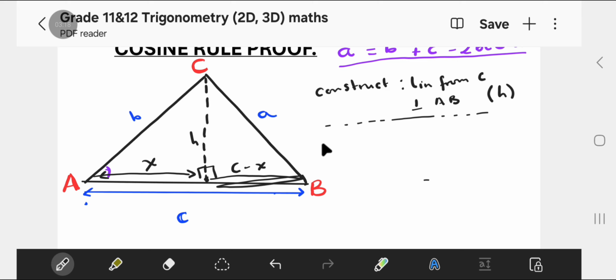So now let's begin with our proof. So as I said, we are proving in this triangle and this other triangle, right?